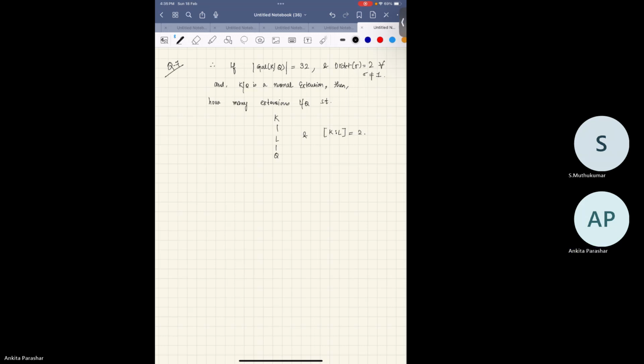Notice, I have been given that K over Q is a normal extension. What can you say about this extension? K over Q is normal if and only if the other two are normal, right?